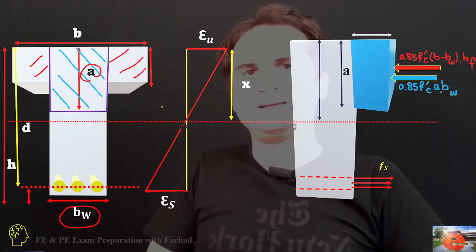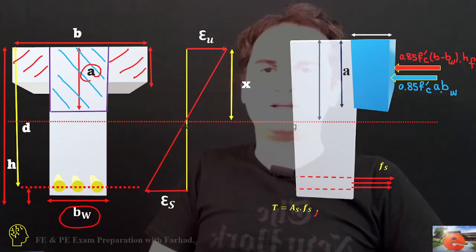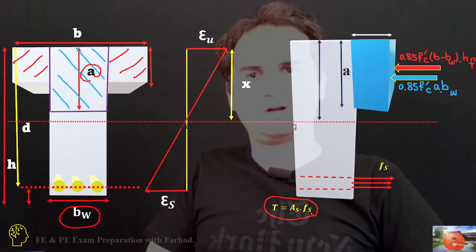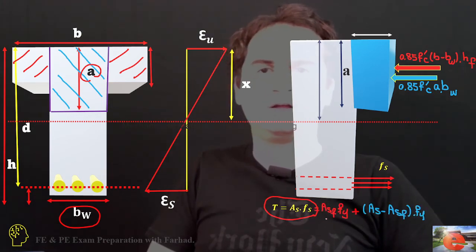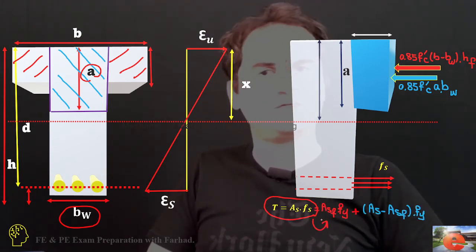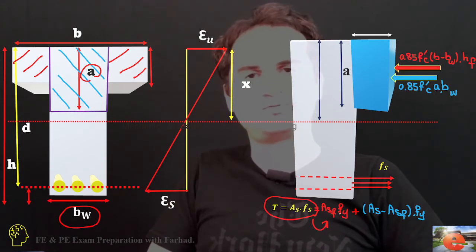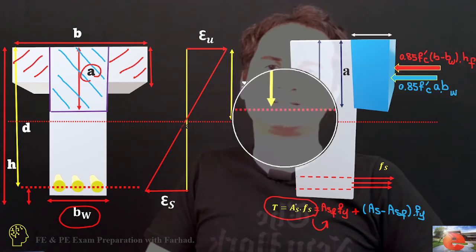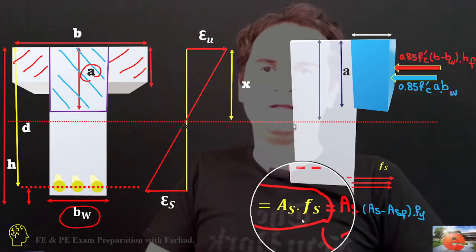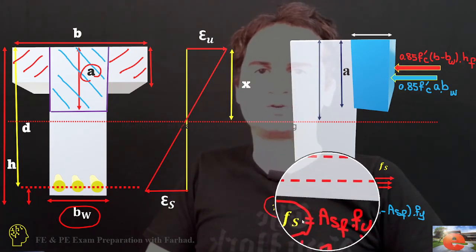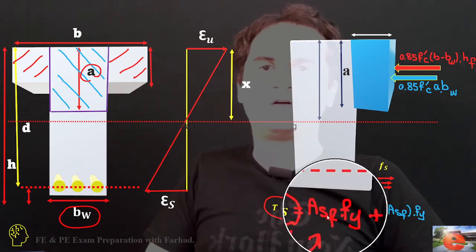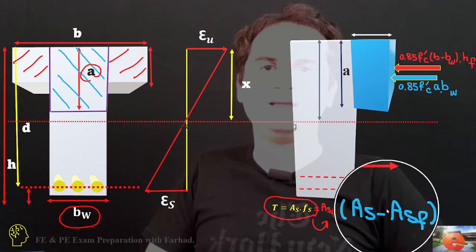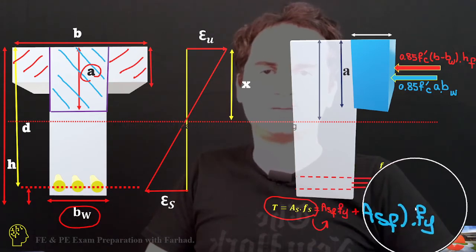We can also dissect the total steel force, As times Fy. Just like in double reinforced sections, where we had As2 Fy plus As1 Fy, this time the total tensile force is the area of steel related to the flange, Asf, times Fy, plus (As minus Asf) times Fy.